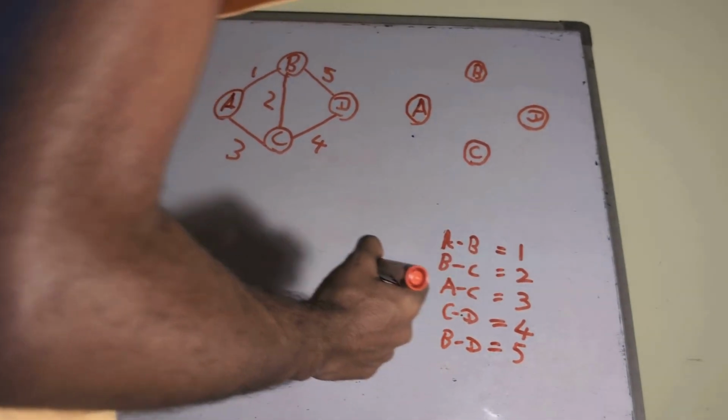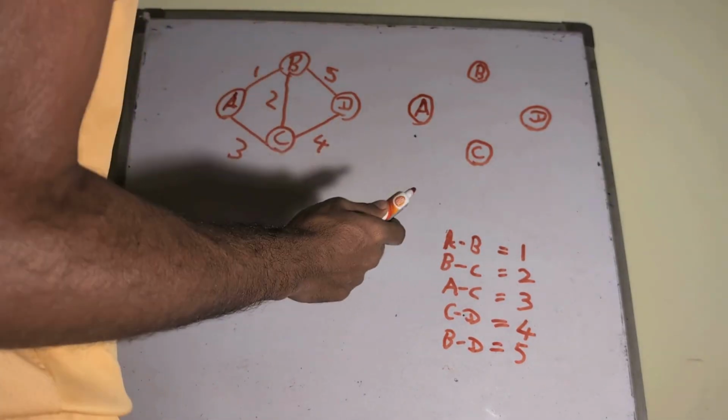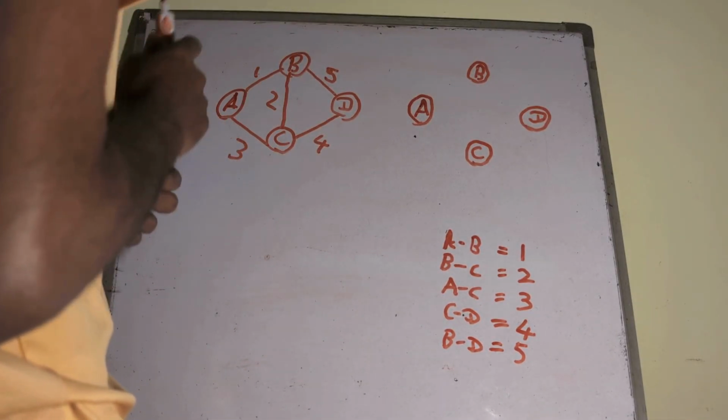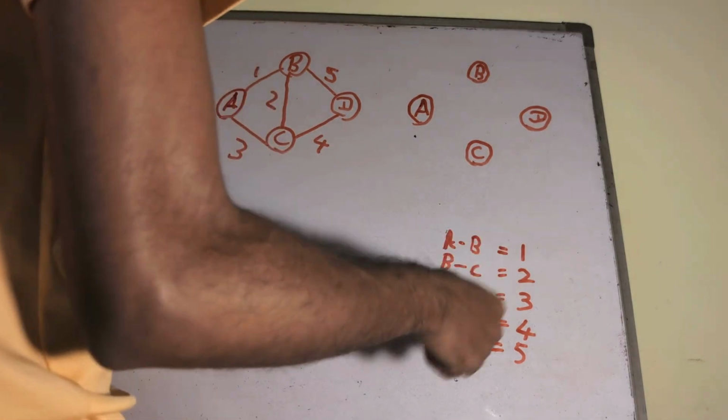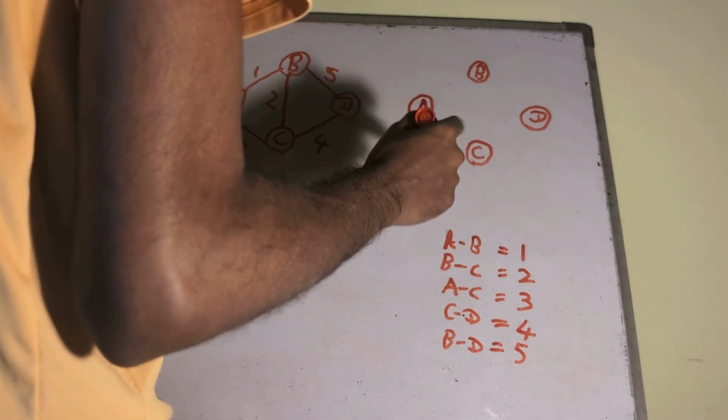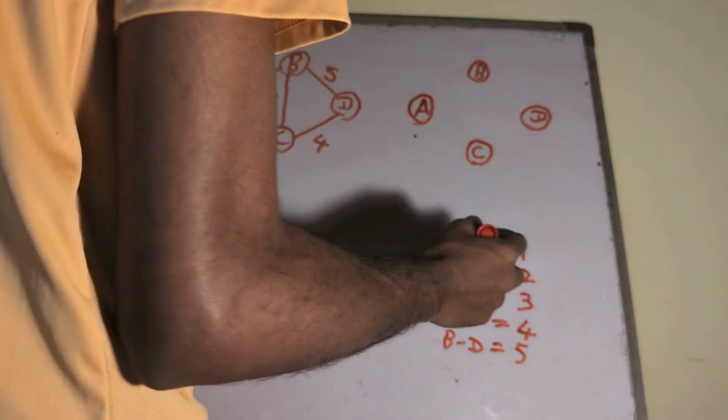Okay, so we need to find the MST using this ascending order, starting with the smallest one. First one is AB.